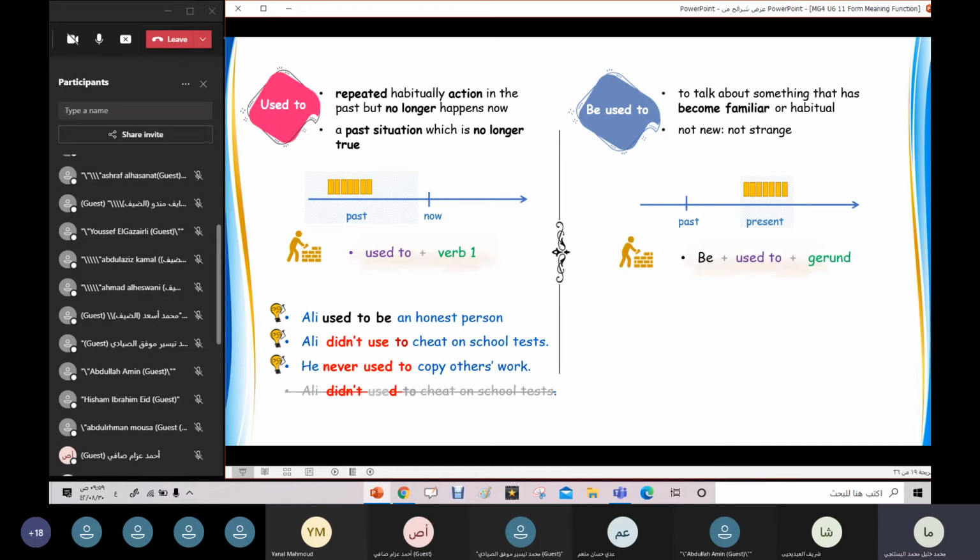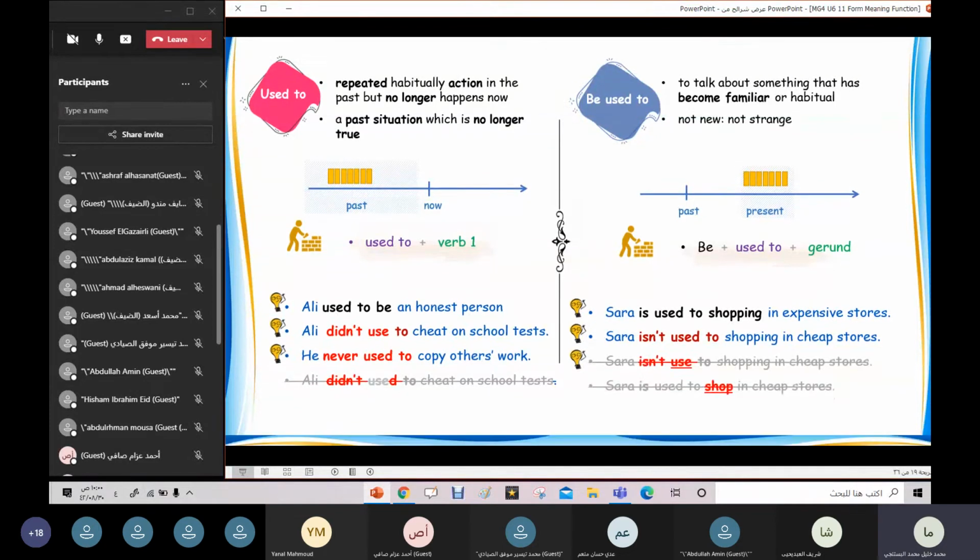Be used to plus the verb -ing form. Sarah is used to shopping in expensive stores. So sorry. Sarah is used to shopping in expensive stores. Sarah isn't used to shopping in cheap stores. Okay, now look.